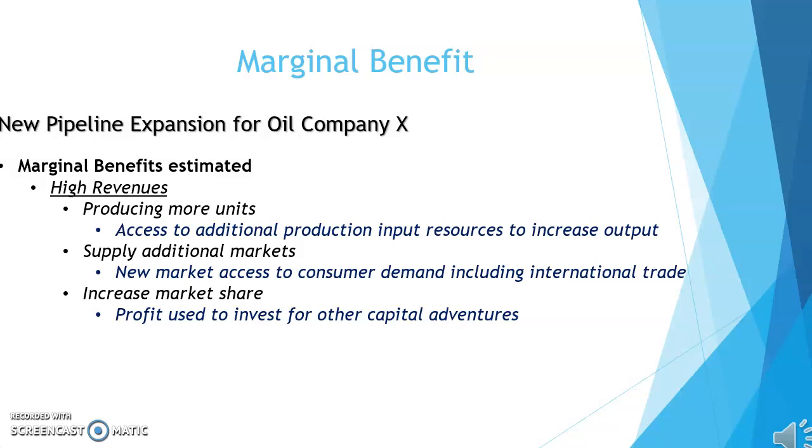So increasing our market share, that would yield revenues and then profit, in which we could invest in other capital adventures that we are looking at. So that is the main and only marginal benefit estimated during this marginal benefit.